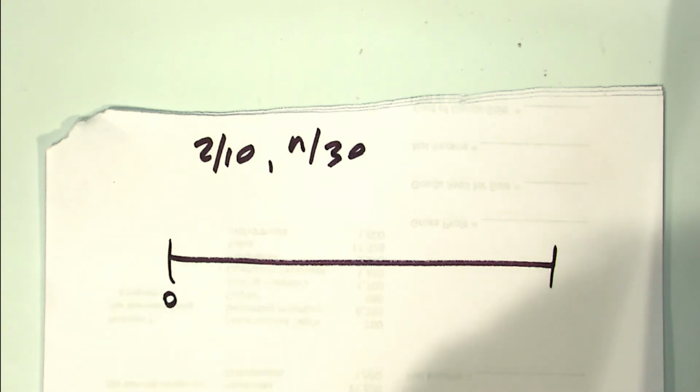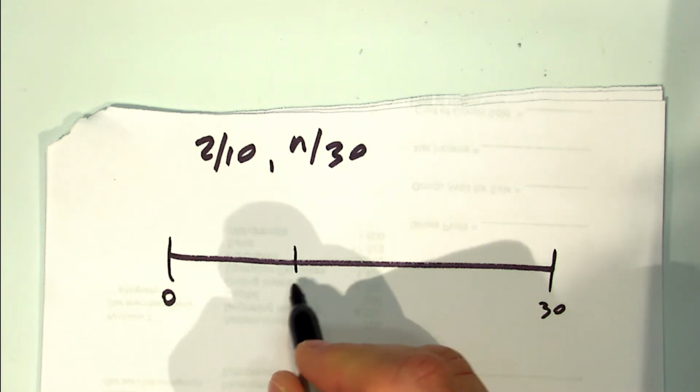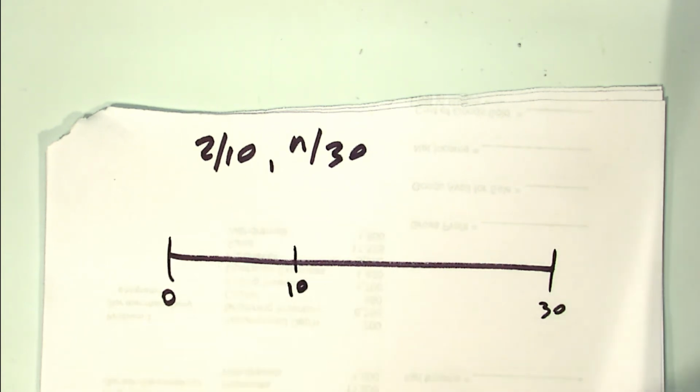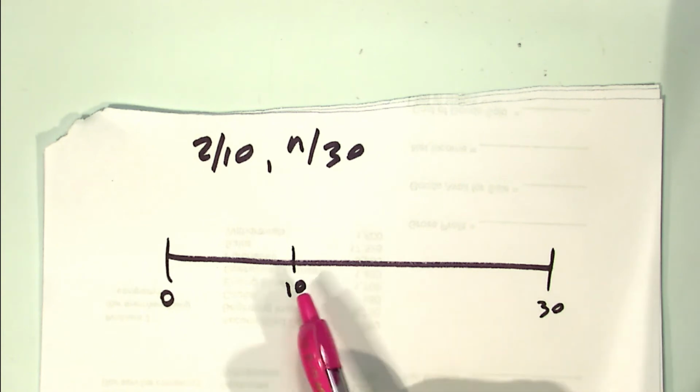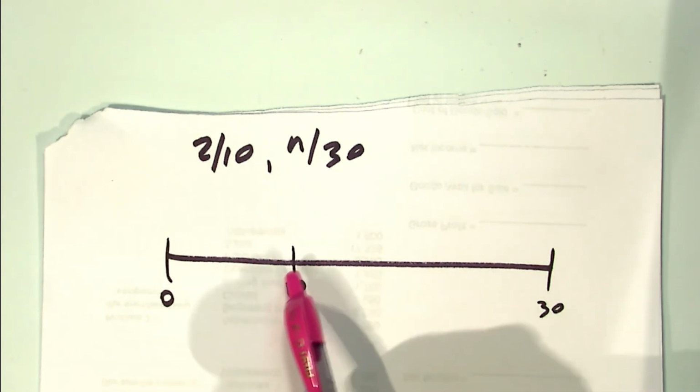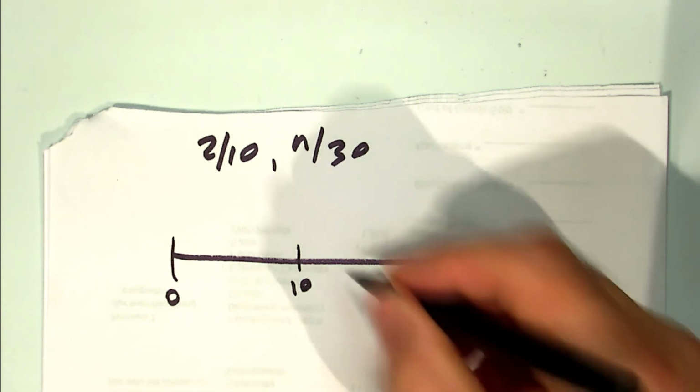Now you can pay, this is today, this is 30 days from now, right? You can pay right here 10 days from now and still take that discount, correct? But if you choose not to do that, you have to pay by day 30, right? So if you choose not to take the 2% discount, how many more days do you get before you have to pay? 20, right?